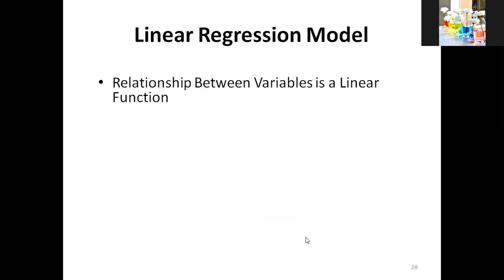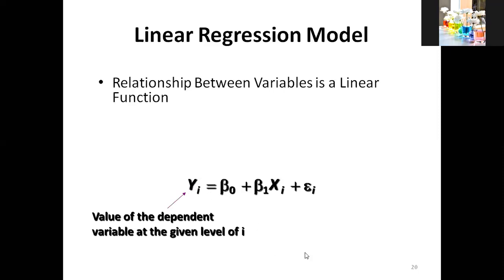In the linear relationship model, we try to have the relationship between variables in a linear function. So this is the model that we are writing down for the linear regression. You should remember each of these observed values. Suppose I have values for y and x: y1, y2, likewise x1, x2, and so on.